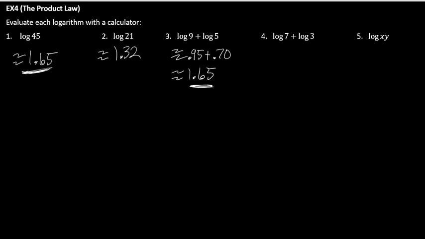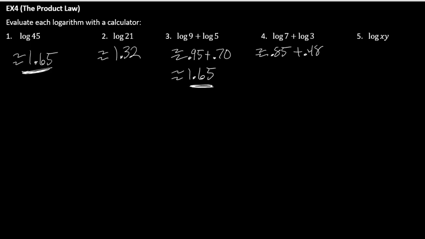Okay, that's kind of weird. All right, let's look at this next one. So log of 7 plus log of 3. So log of 7, that's 0.85 thereabout, and plus log of 3, 0.48.